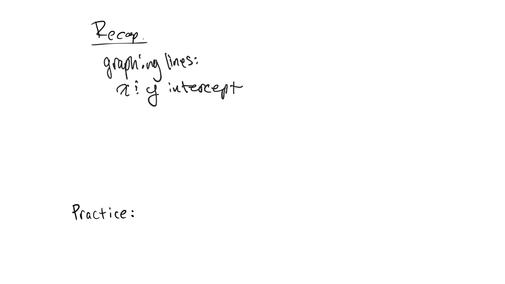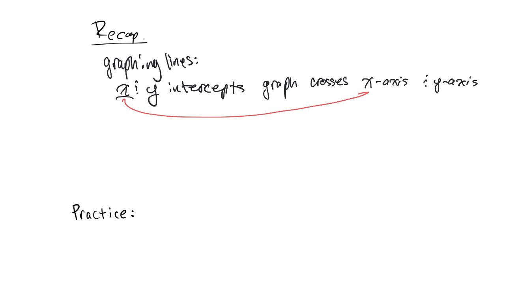Recap. So we've been graphing lines. We used x and y intercepts, which are the places where our graph crosses the x and y axis respectively, which means the x-intercept is where the graph crosses the x-axis, and the y-intercept is where the graph crosses the y-axis.